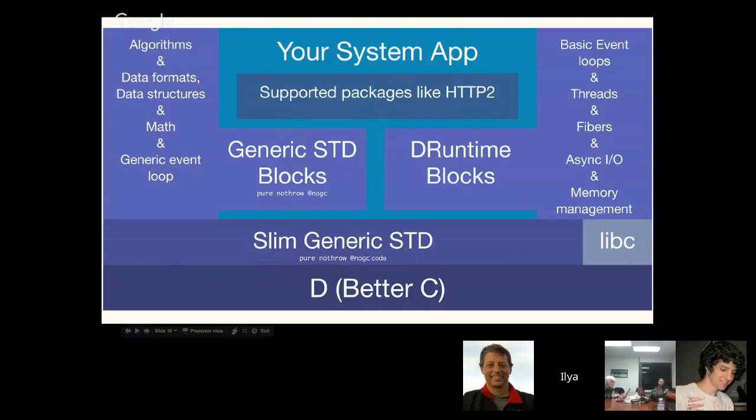So what is the next step? Which D runtime blocks I think we should implement. The first is basic event loops, sockets, low-level sockets without workers or something like that. Just a very teeny, thin, slim abstraction on top of the operating system API. All this should be generic, structural programming without object-oriented style.